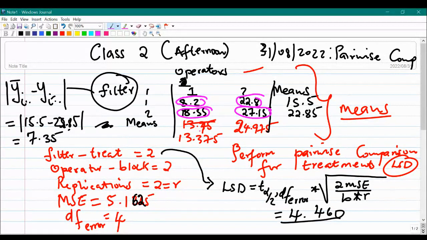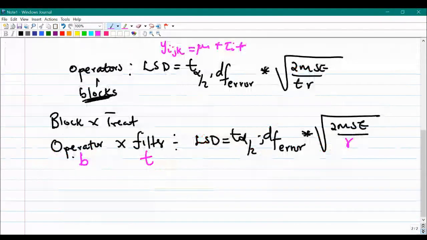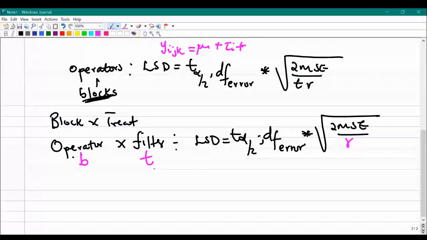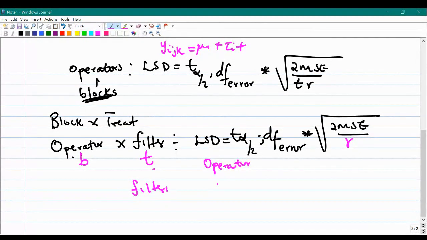So how many means do we have? We have 4. So if I want to summarize the table, it means operator and then filter.